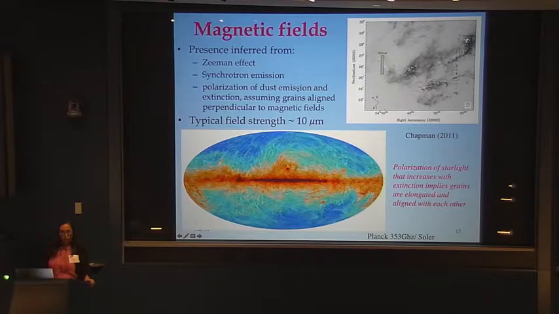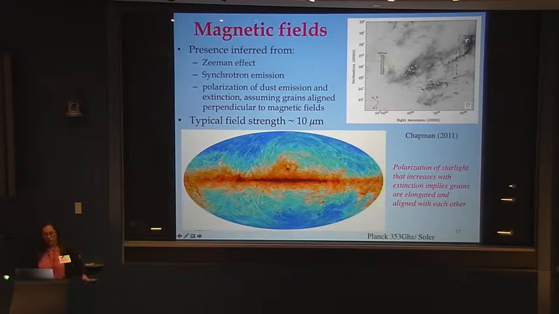We also know that there are magnetic fields from the polarization of dust emission, and that's shown here in two ways. This is polarized extinction. I think you can see these very faint white little segments. Over here, I think the black is polarized emission, and then this drapery texture is showing the polarization inferred from Planck.